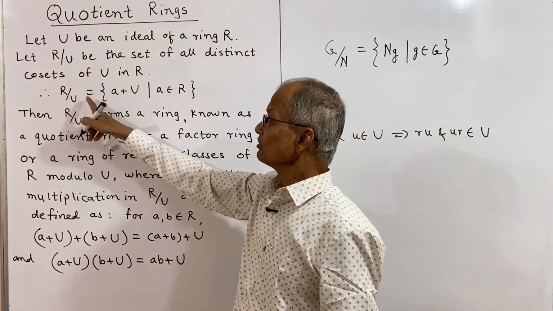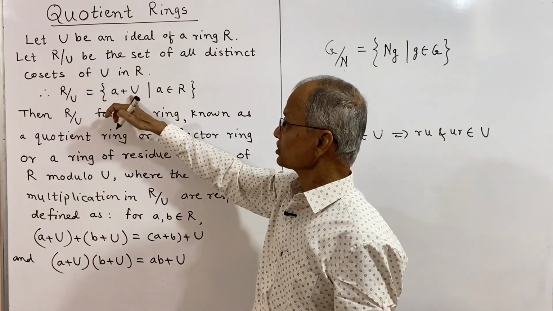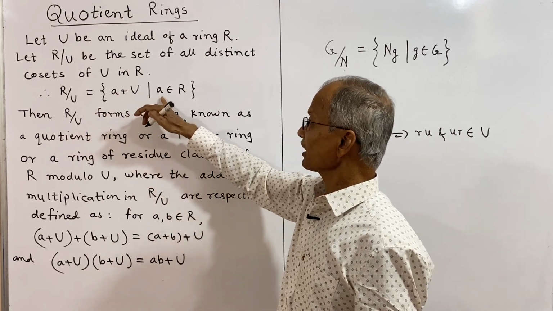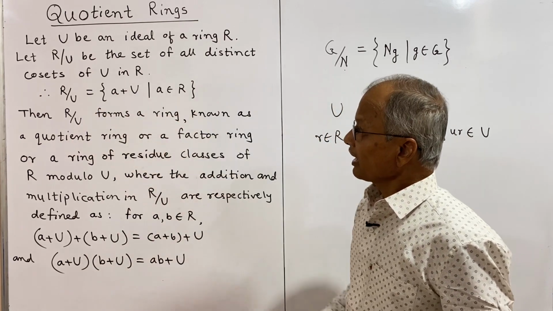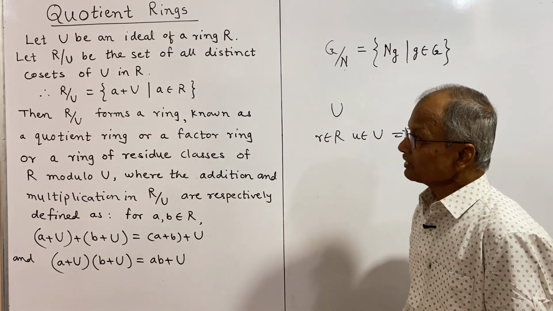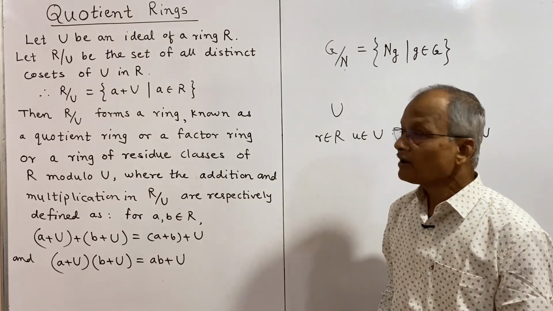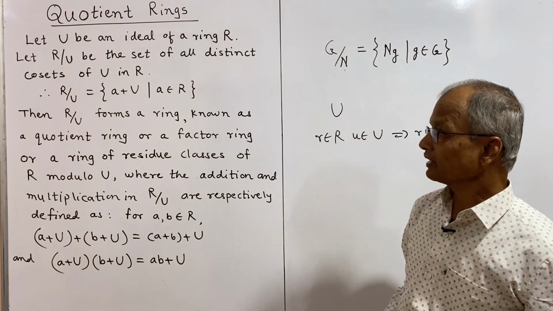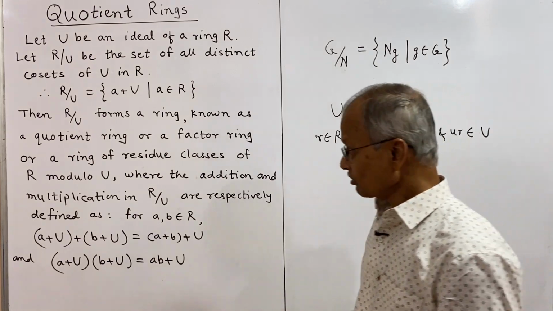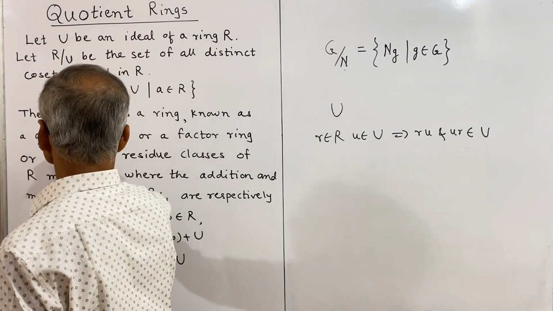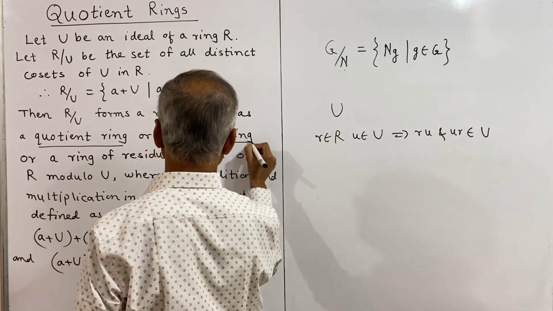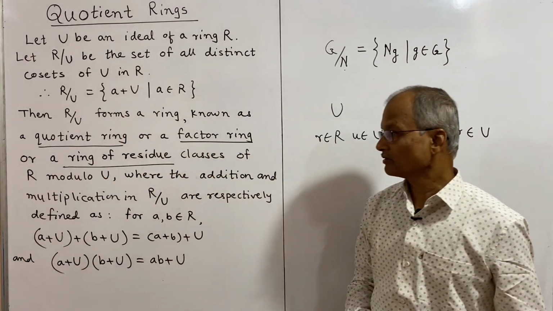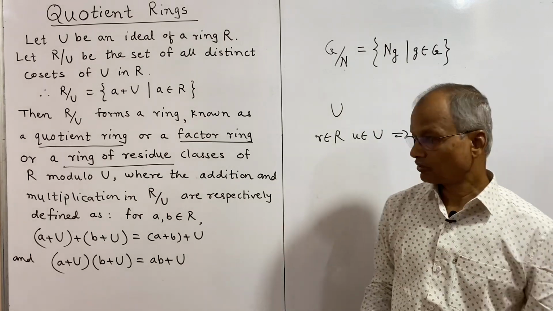R/U is the set of all cosets of the form a plus U, where a belongs to R, and this is actually a ring with addition and multiplication defined on it. That ring is known as the quotient ring, or factor ring, also known as the ring of residue classes of R modulo U.